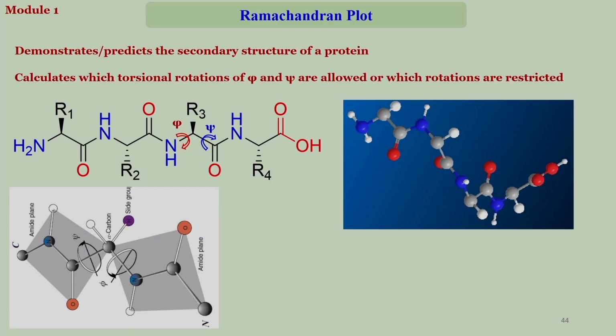If I take this as a measure, then this is a single bond, this is a double bond, again this has some double bond character. So apart from those two, this bond is a single bond which is termed phi, and the other one is termed psi. So it is NHR and it is R, this one is RCO. These two are the two dihedral angles.